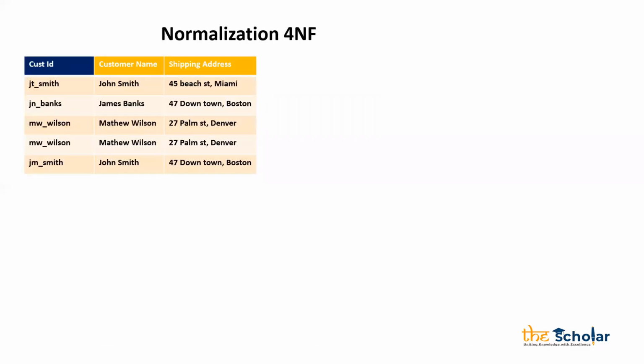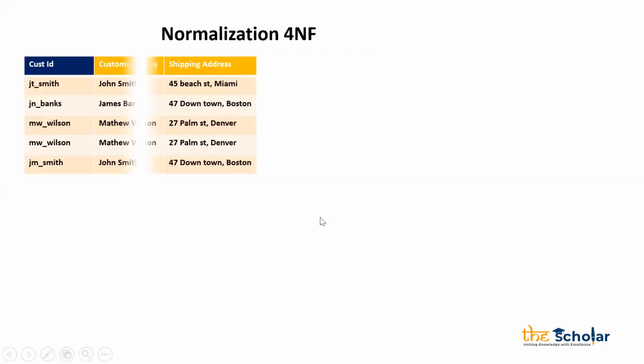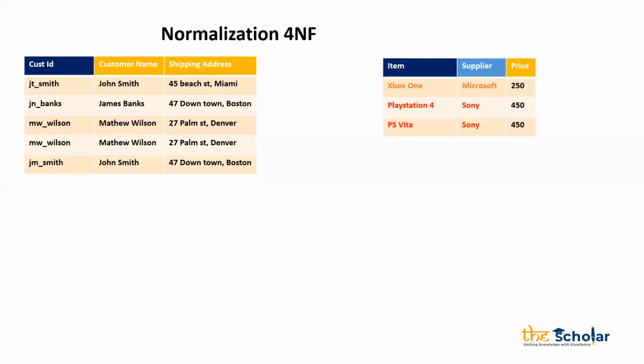We converted this table to multiple small tables till this point. Now we have four tables, and each table has its own relation with the other tables with primary key, foreign key type of constraints. We'll talk about the constraints, primary key, foreign key. But you can see that I broke down the table into four. Now there is a concept of fourth normal form as well. Now how will this fourth normal form look?